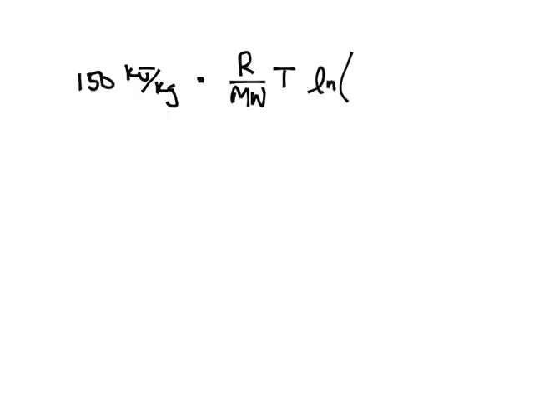When we go ahead and integrate this, let me rewrite that. We get 150 kilojoules per kilogram equals R, the gas constant, over the molecular weight times T, the temperature at which this isothermal process takes place, ln of V2 over V1.